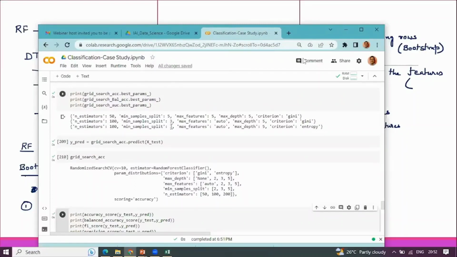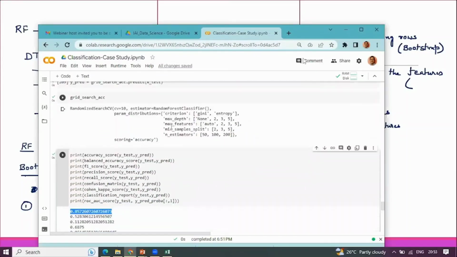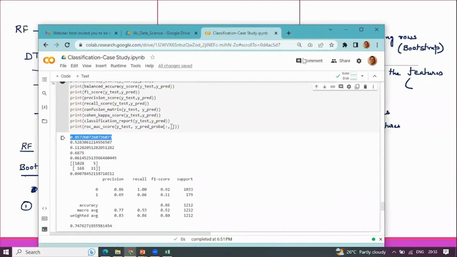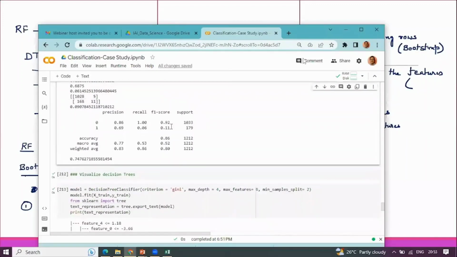Now, if so many such models have to be built, obviously the overall time consumption is too high. So that is the reason we do not go too much into the grid search, unless we have enough time. Otherwise, we would fix upon some kind of a random search, but that would compromise a little bit on the overall quality.